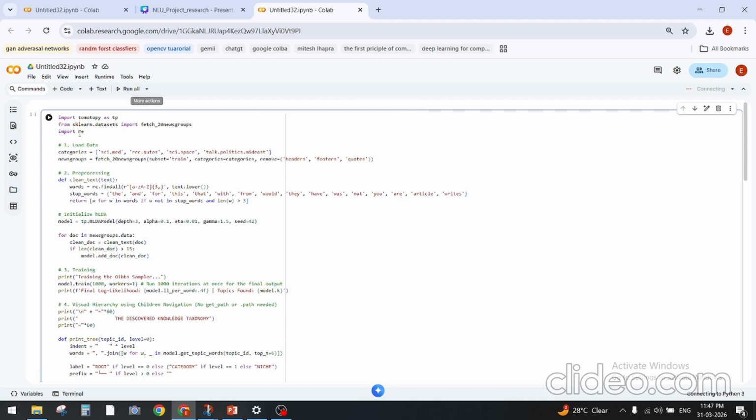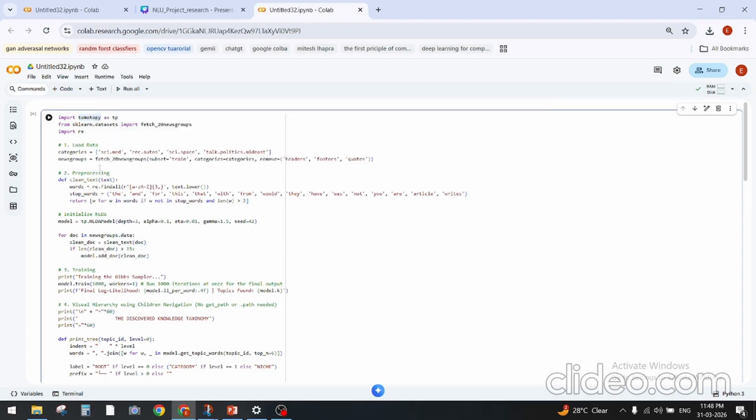First of all, in this code we are using the tomotopy library for implementation of our HLDA. The tomotopy library provides an HLDA implementation in C++ and a Python interface for it. We have obtained our dataset, which is the fetch 20 newsgroups dataset, which contains lots of news articles on different topics.